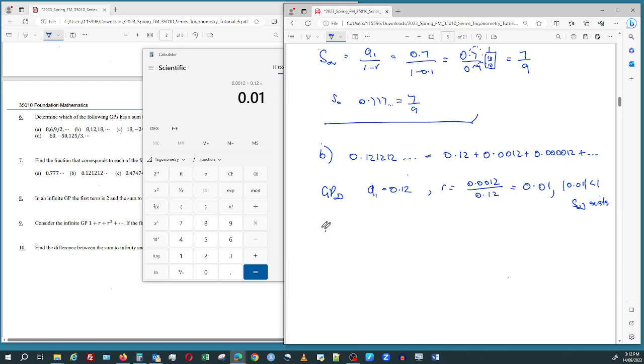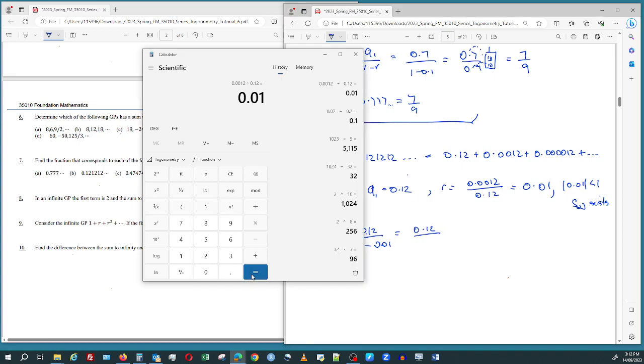So we can go ahead and do our sum. So A1 is 0.12 divided by 1 minus 0.01, 0.12 divided by 0.99. Just use your calculator. Don't try and do everything in your head.